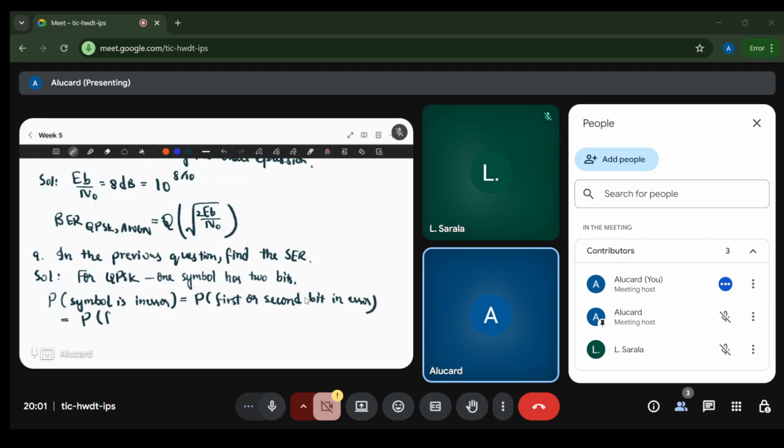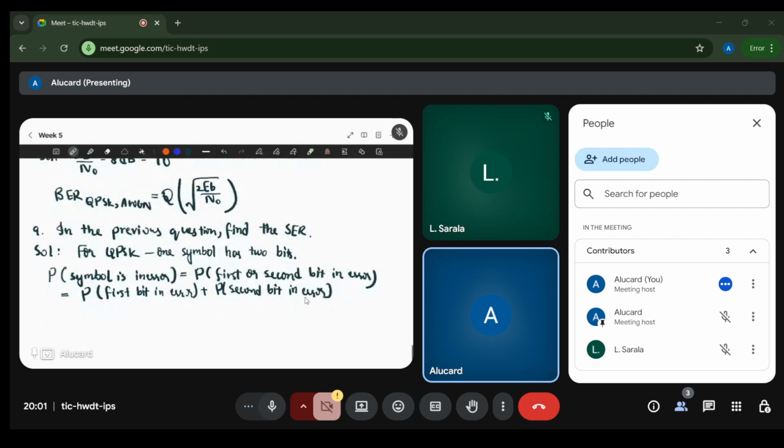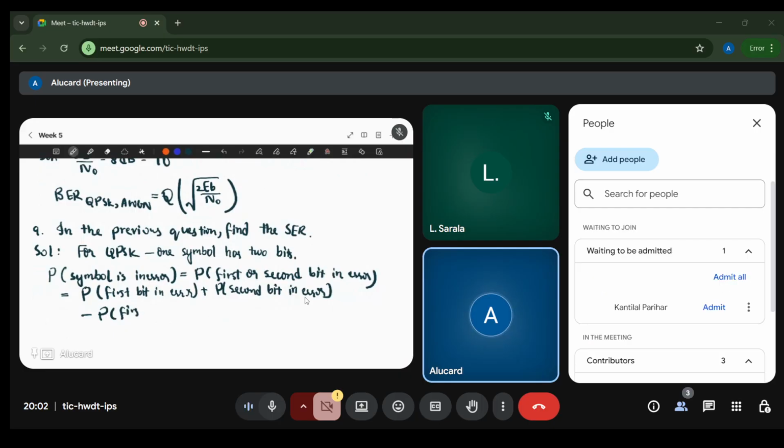It is the probability that the first bit is in error plus the probability that the second bit is in error minus P of first and second bit both in error, which will just be P of first bit in error into P of second bit in error.